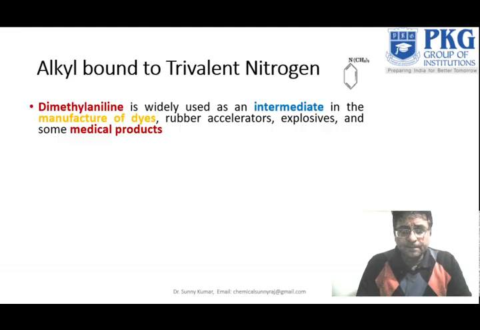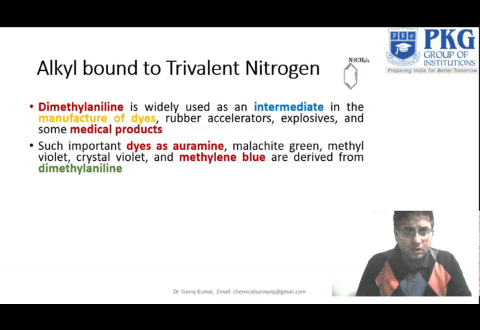So this is the formula for dimethylaniline. Such important dyes as auramine, malachite green, methyl violet, crystal violet, and methylene blue are derived from dimethylaniline.